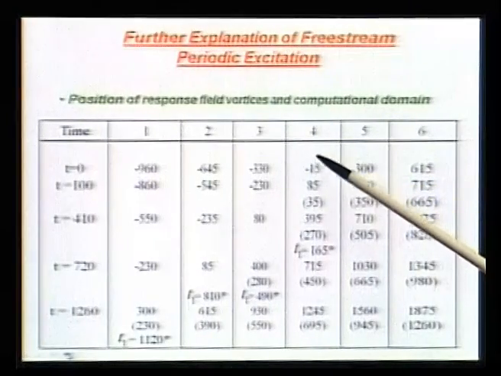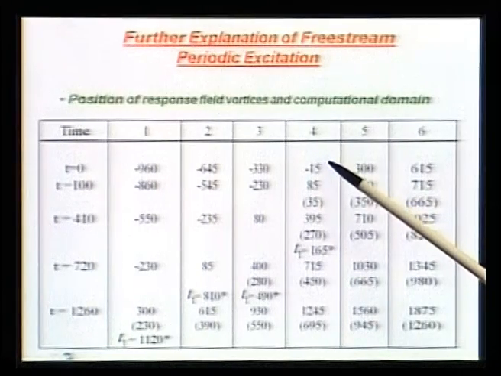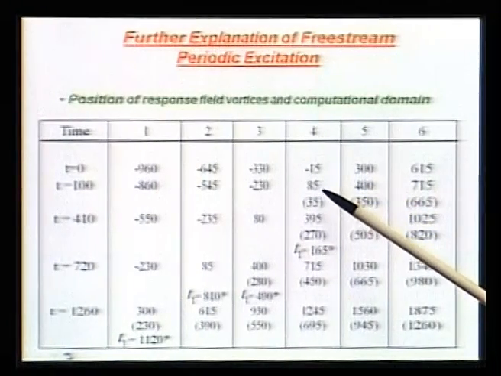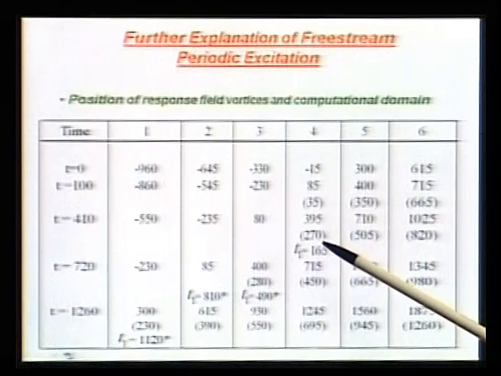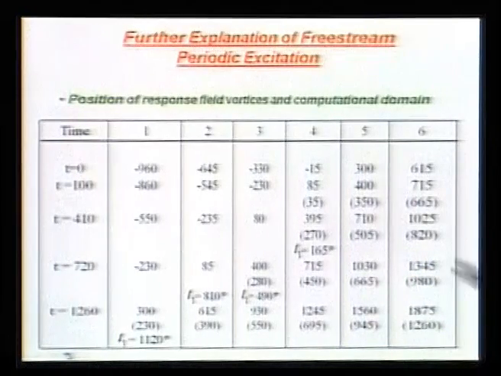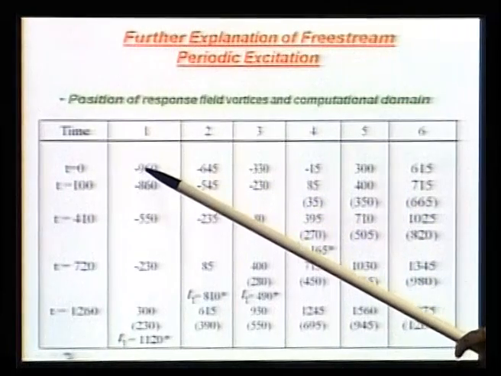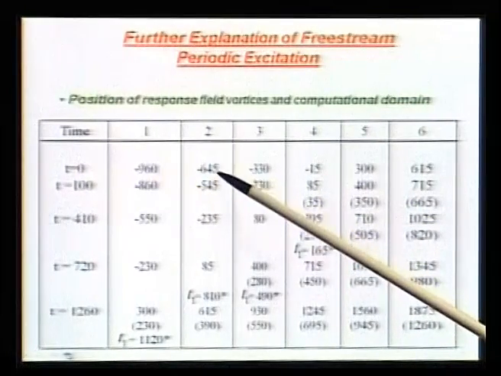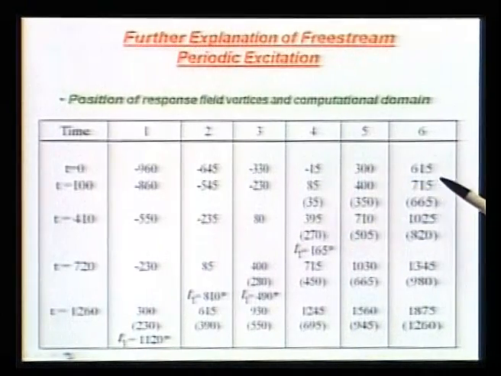So I have noted some of them, because at a later time they will move in. Like the one which is at t equal to 0 at minus 15 will at a later time enter the computational domain. And we are writing all those locations starting from minus 960, minus 645, minus 330, minus 15, 300, and so on and so forth.